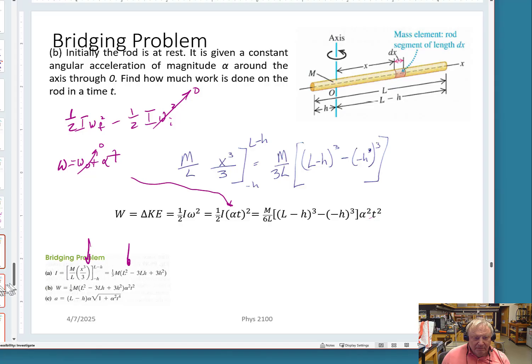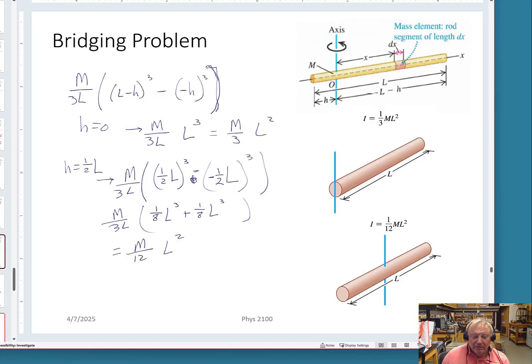But oh yeah, you can see that if I make little h equal to 0, I get this. If I make little h equal to 1/2 L, I get the same this.